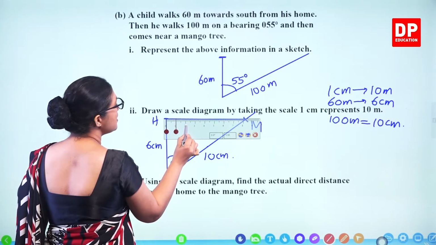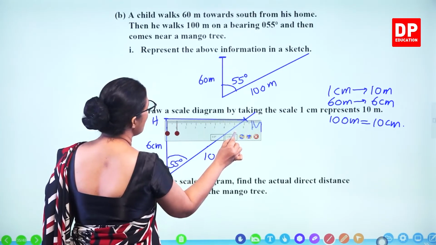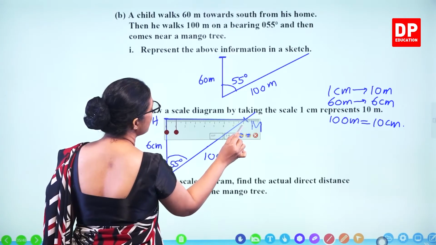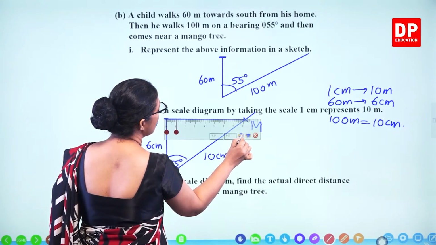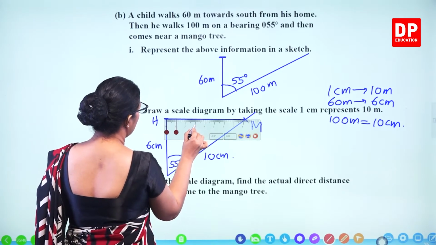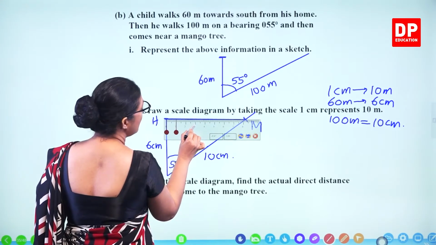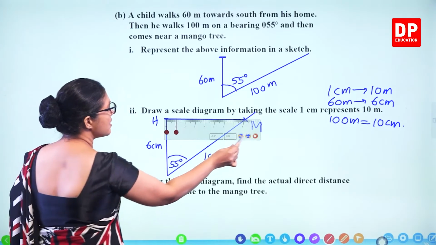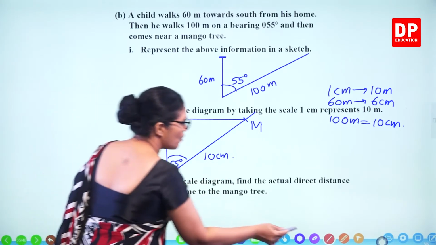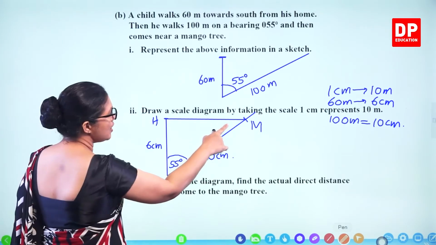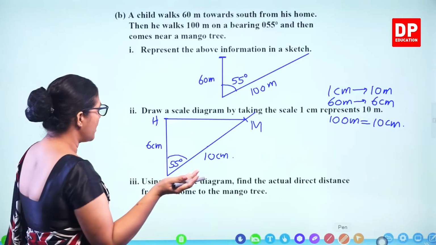How many centimeters are you getting? 8 centimeters is the answer, or 8.1 also one can get.